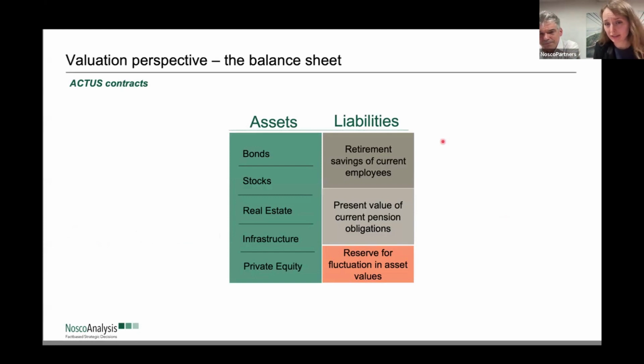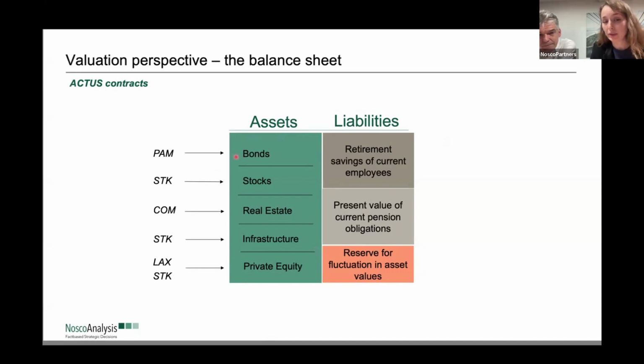As Walter already stated, the liability side is quite unique. The asset side resembles the one of the bank. But when we use the ACTUS contracts, we can actually unify all these positions into one language. And this is extremely important for further decisions. So let's briefly go over the asset side. This is relatively straightforward.